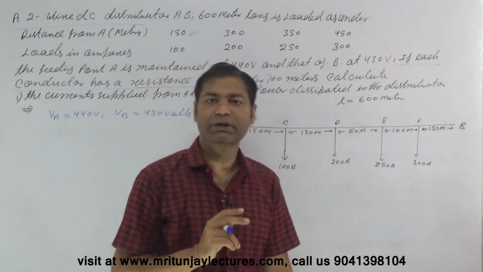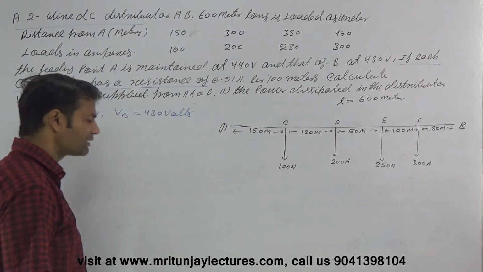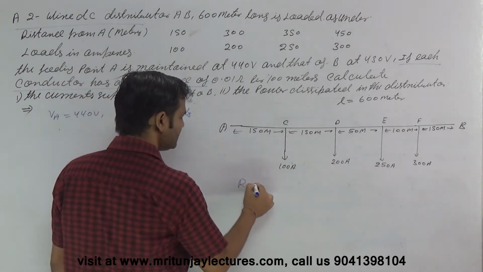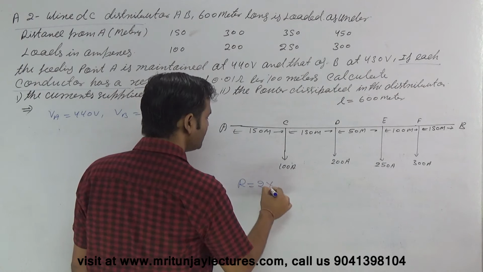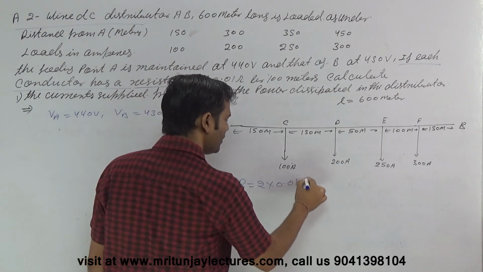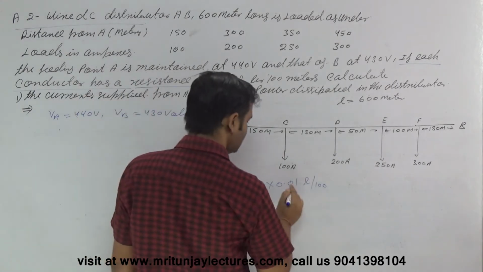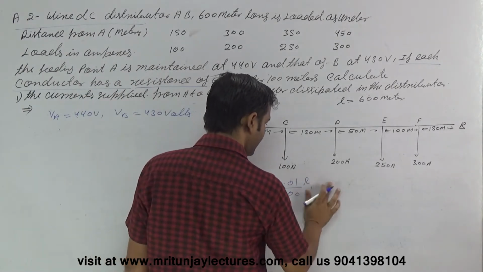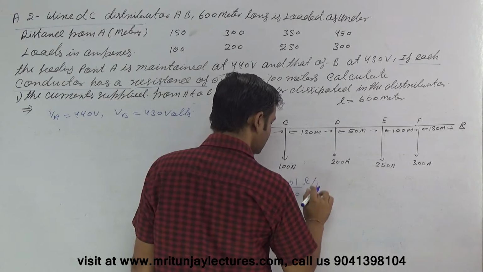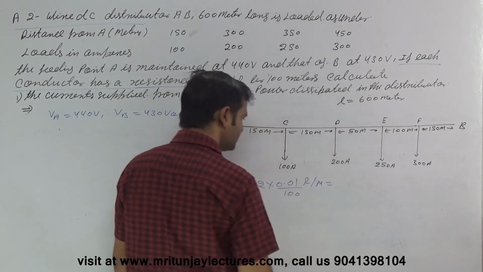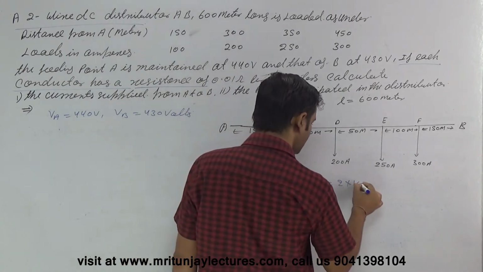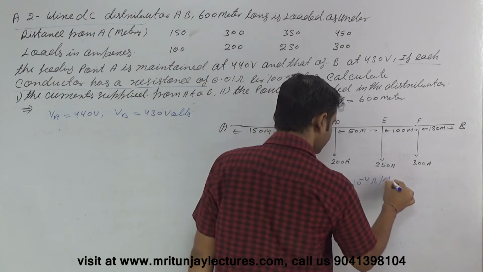So what about the two-conductor wire? That's why resistance is written as 2 into 0.01 ohm per 100 meter, divide by 100, per meter. Clear? So that is 2 into 10 to power minus 4 ohm per meter.